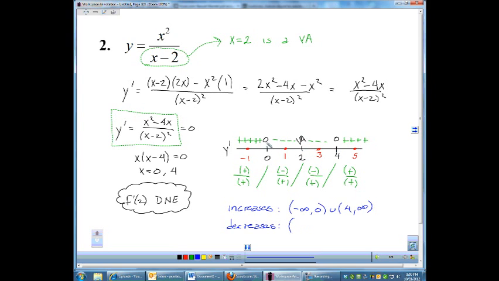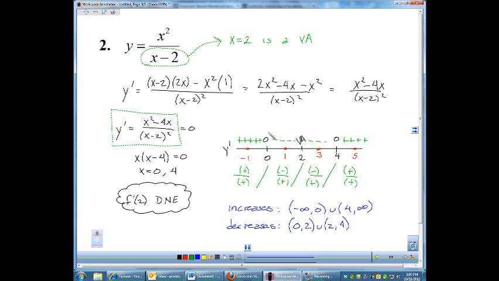You cannot go straight from 0 to 4 because your function does not exist at 2. We have to break this up. So my function decreases from 0 to 2, and then again from 2 to 4, and it's split up by the vertical asymptote. And that's why you need to put that on the number line, because if you only plotted the critical numbers 0 and 4, then you're going to miss the fact that 2 is a vertical asymptote.